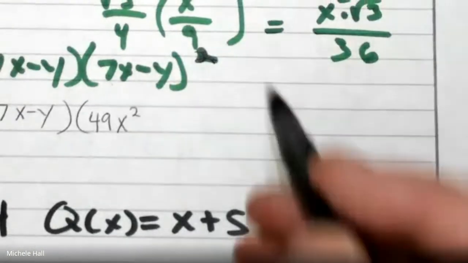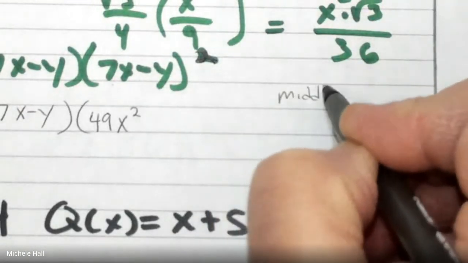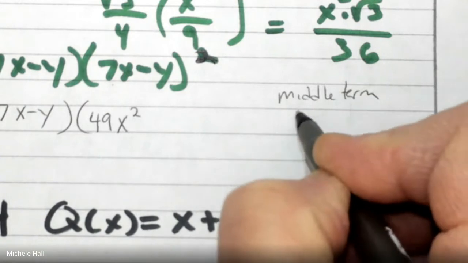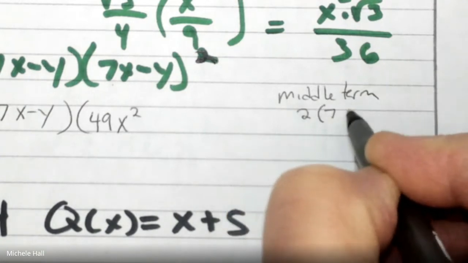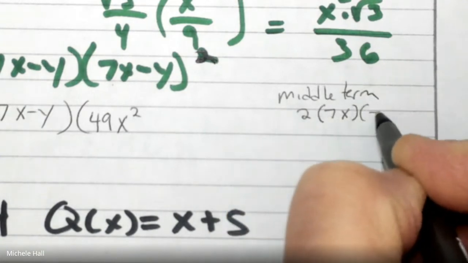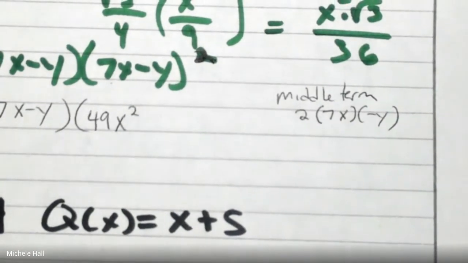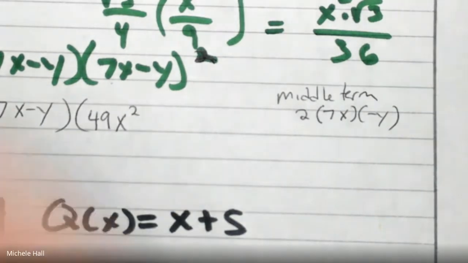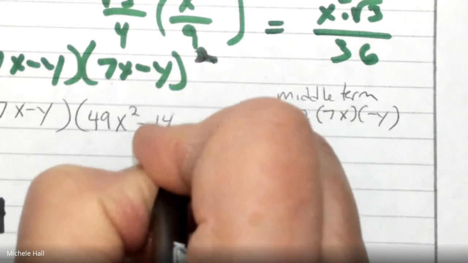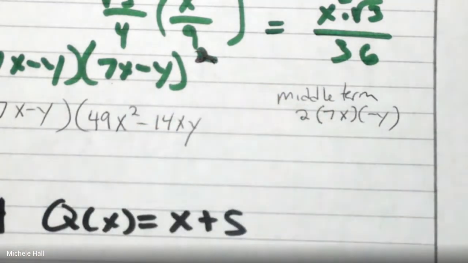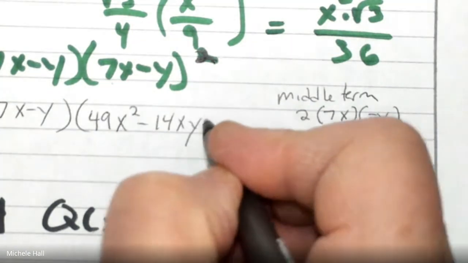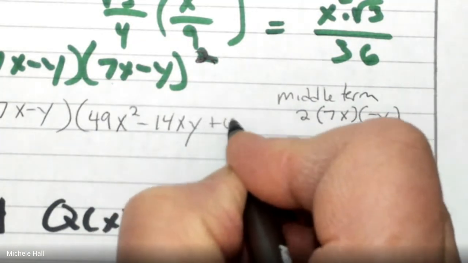And the middle term is always 2 times the first term, a, times the second term, which includes any negatives. 2 times a times b. So we get negative 14xy. And then negative y squared is going to be a positive y squared.